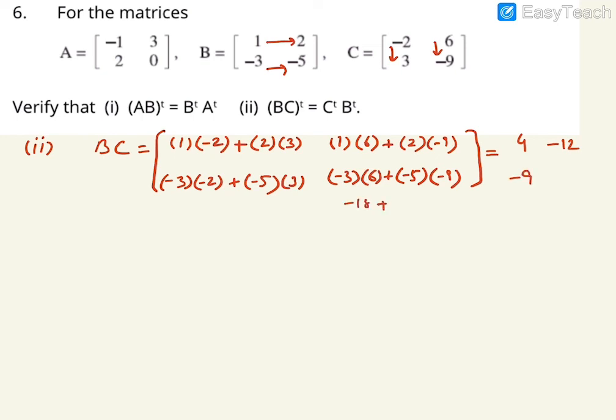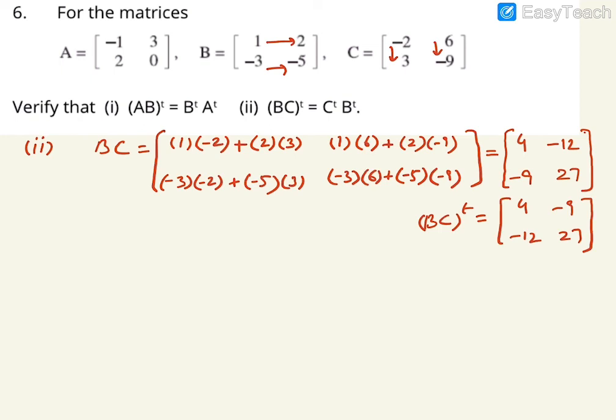So minus 18 and plus 9 times 5 is 45, so here we have 27. This is BC. So what will be BC transpose? It will be equal to 4, minus 12, minus 9 and 27, just interchanging rows into columns.